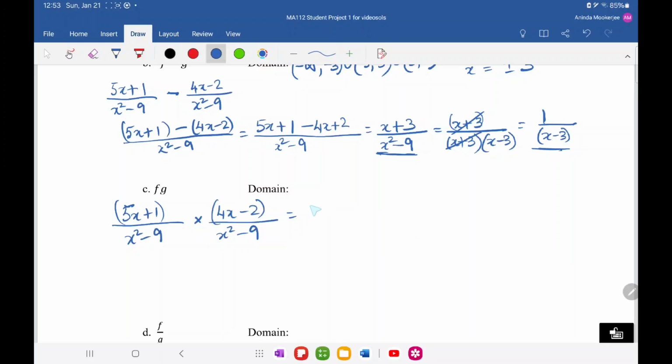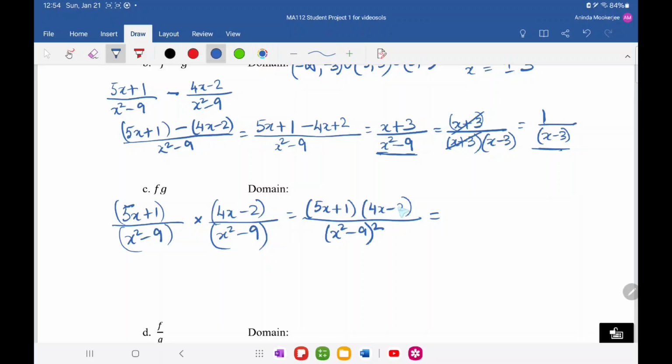So we have 5x plus 1 times 4x minus 2, divided by, this is x squared, so let me use brackets, x squared minus 9 squared.